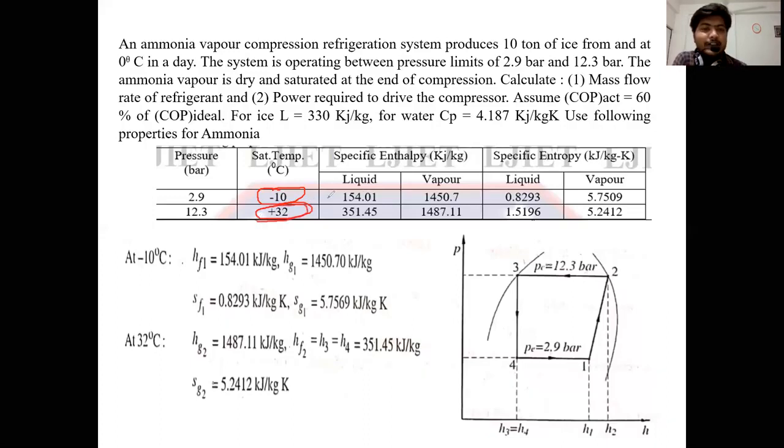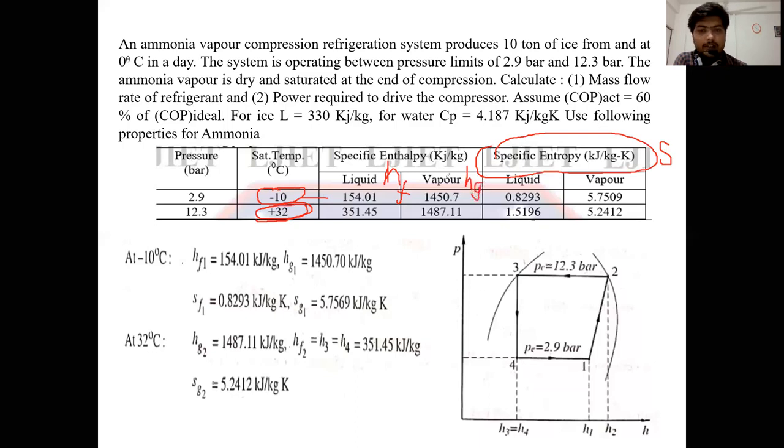Specific enthalpy of liquid corresponding to minus 10 degree is 154, and 1450.7, there is the specific enthalpy. Entropy is denoted by S, and enthalpy is denoted by H. If it is liquid, it is known as hf. If it is vapor, it is known as hg.